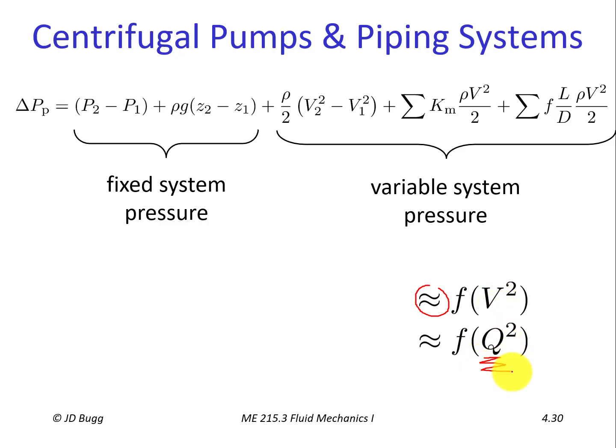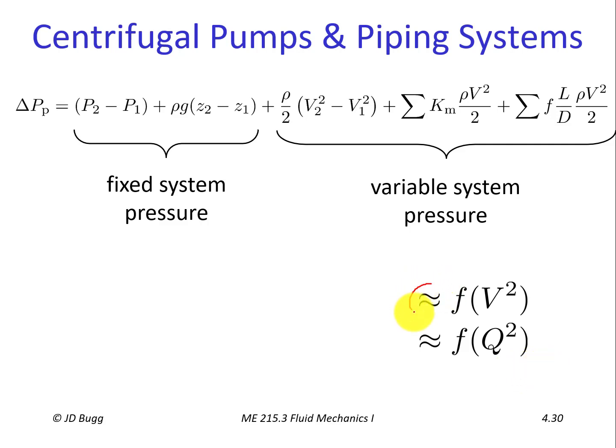And Q is our volume flow rate. So in thermodynamics, Q was heat transfer, but in this course, uppercase Q is a volume flow rate. So in SI units, this would be cubic meters per second. And that's the more usual way to write the variable system pressure, as a function of the flow rate squared, not as a function of the velocity squared. So we'll be seeing that in a moment.